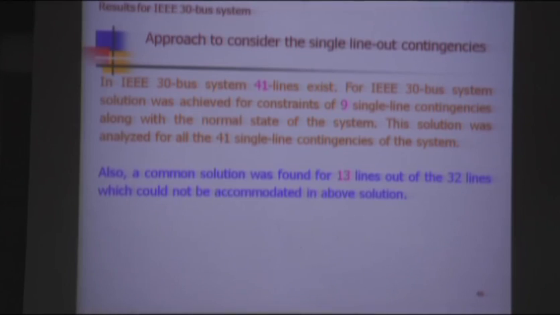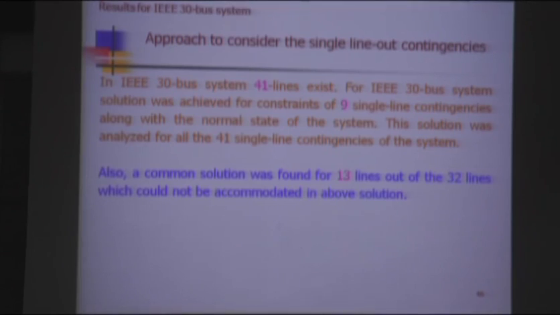So what we try is to find a solution, let us say with 41 lines. Then we deliberately take out one line, leaving 40 lines, and find another solution with those 40 lines. Then we join that first line back and take out another line, making it still 40, but the disconnected line is different. Sequentially we do this, and then we try to find a solution.